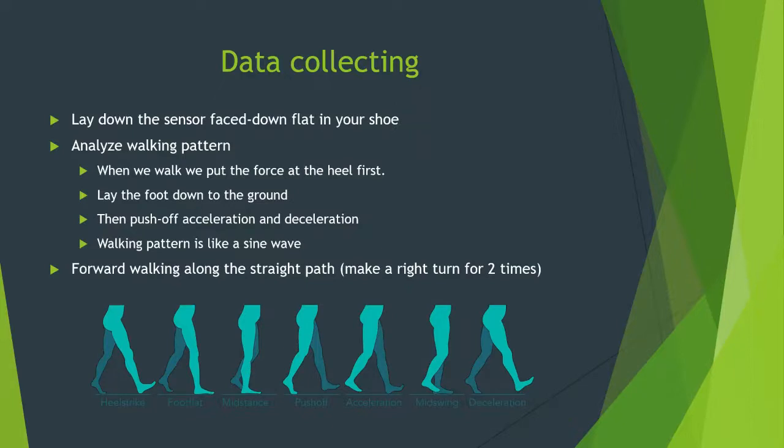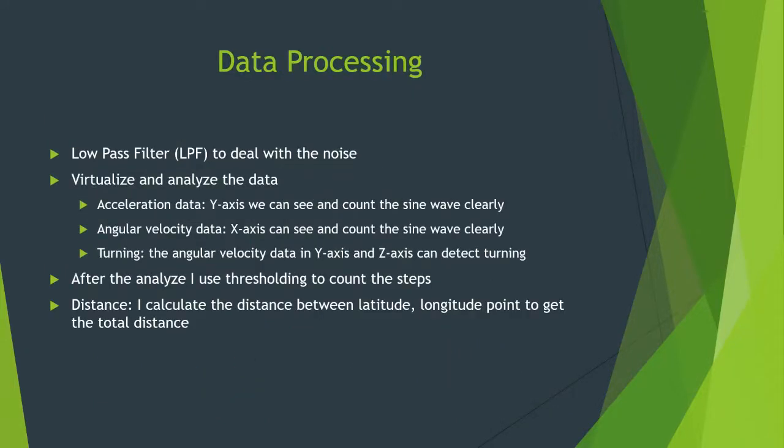Walking forward along the straight path, I make a right turn two times. For the data processing, I use a low-pass filter to deal with the noise and visualize and analyze the data. In the acceleration data, the y-axis can show and count the sine wave clearly.